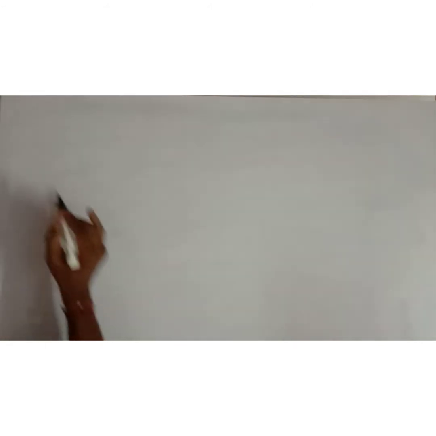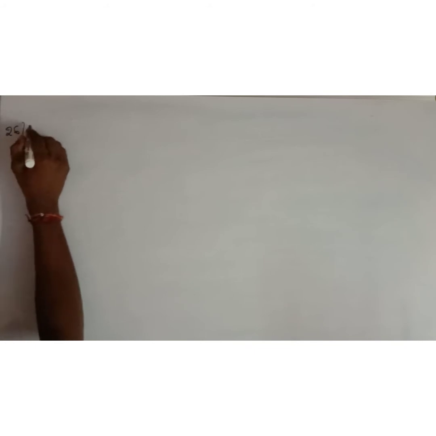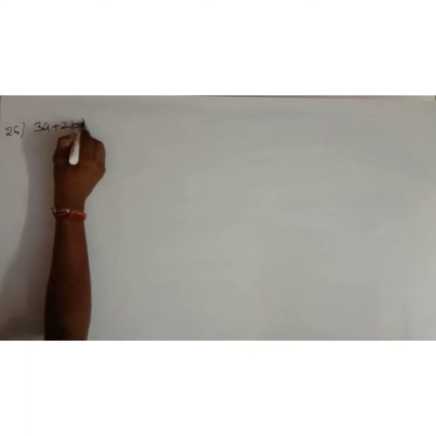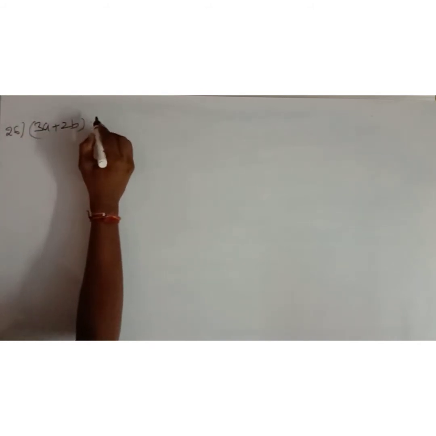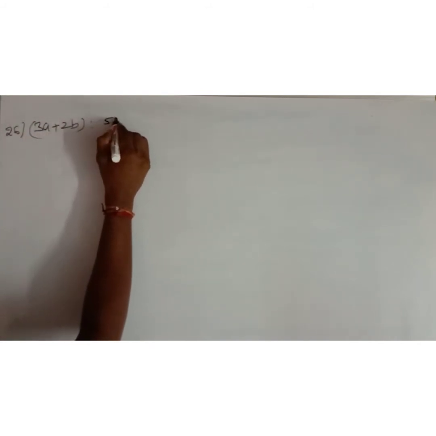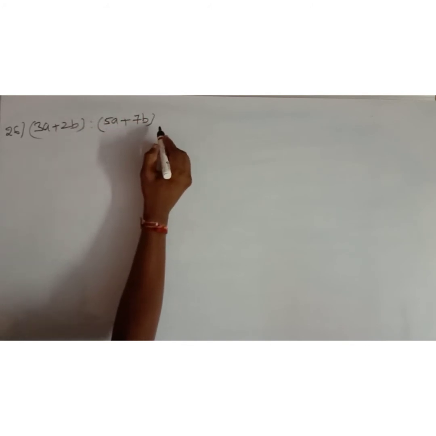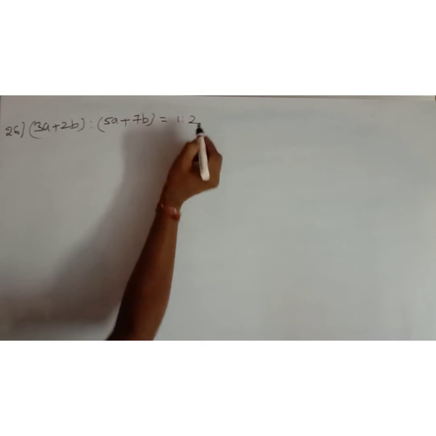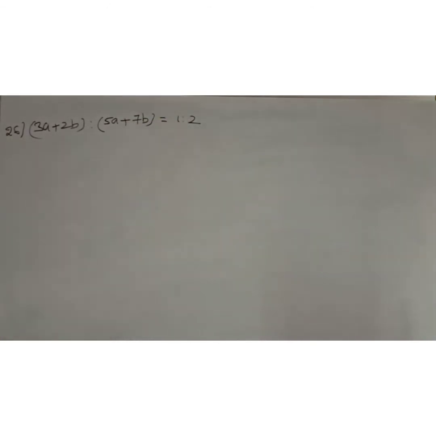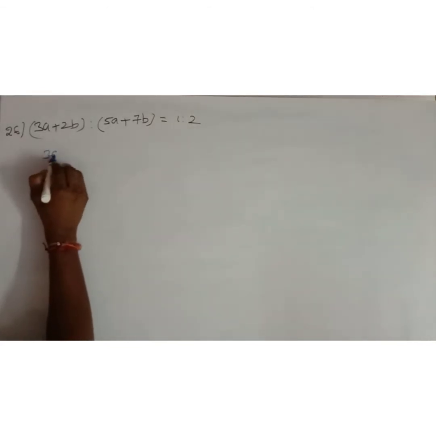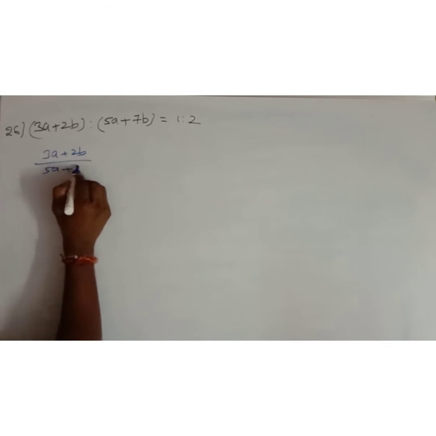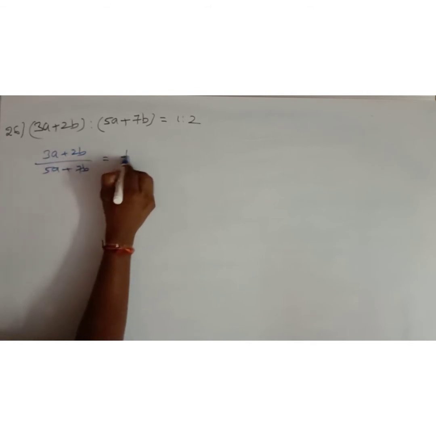That is, if 3a plus 2b is to 5a plus 7b is equal to 1 is to 2, then I have to find the ratio of a is to b. Now here see, I am changing it into fractions. 3a plus 2b by 5a plus 7b is equal to 1 by 2.